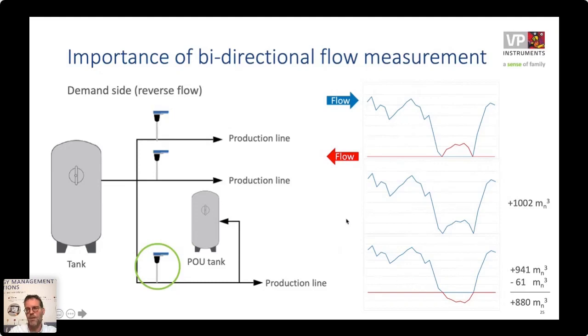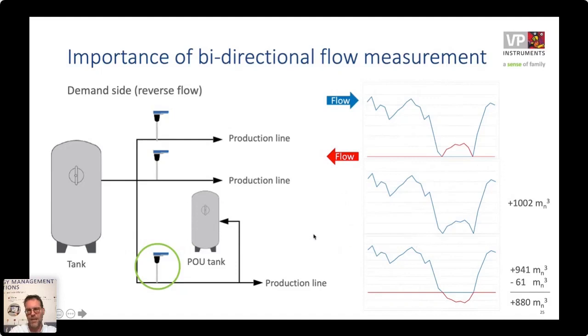But if you had mounted a bidirectional flow meter, then it would have revealed that this flow is not in this direction, but actually in this direction, so basically the flow goes back from the tank into the network, which means that the machine at that point was not consuming a total of 1,000, but it was also delivering some air back to the network from the point of use tank.